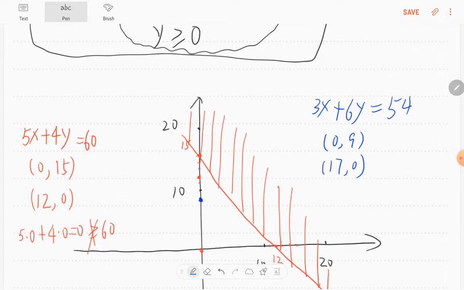And we have 17, so this is 15, 16, 17, for example. 17 is here. So this is the point.